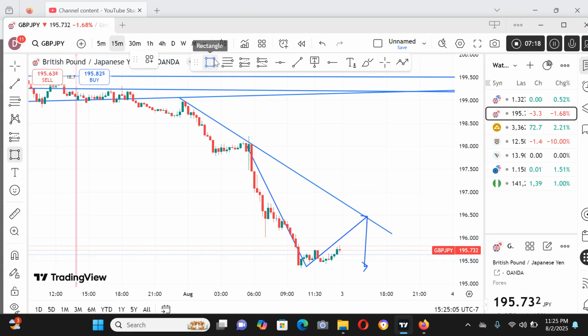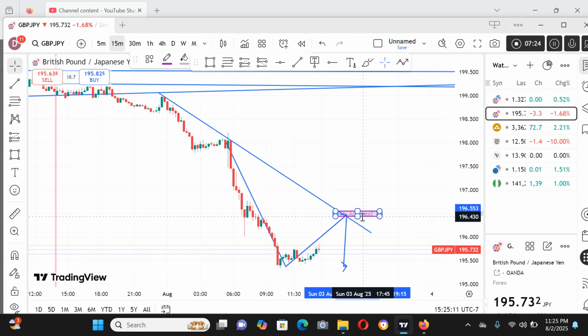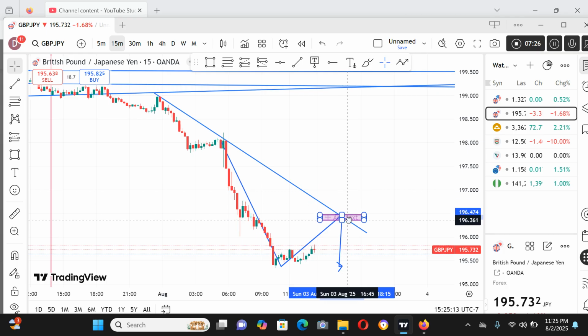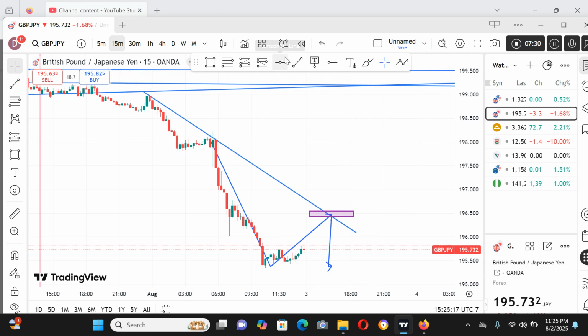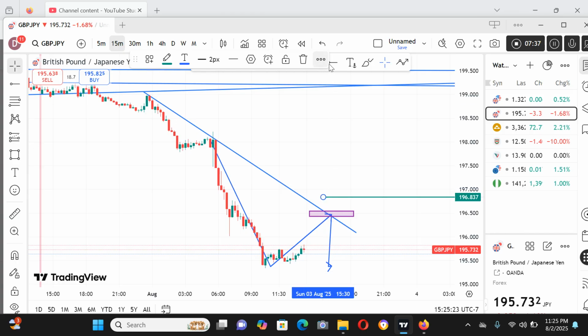So our trade, we are going to place our trade here. And then our stop loss will be slightly above. Maybe we can put our stop loss here.